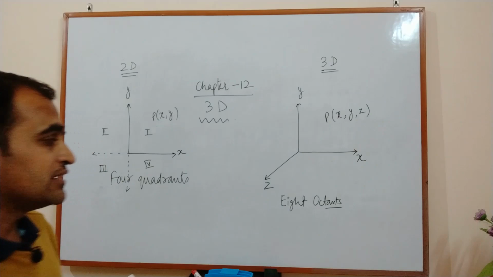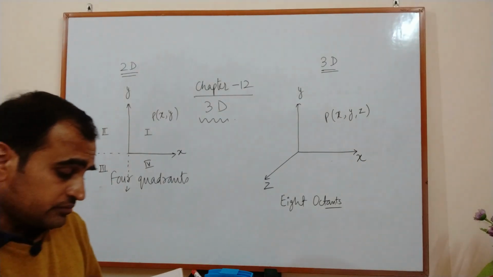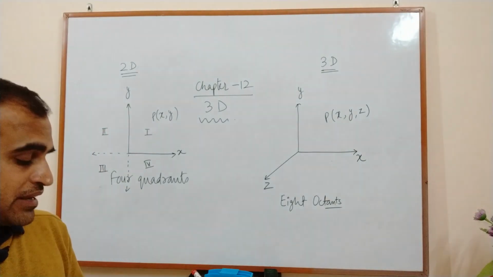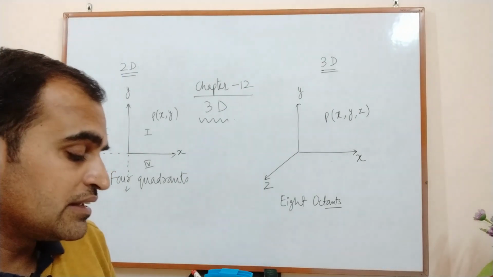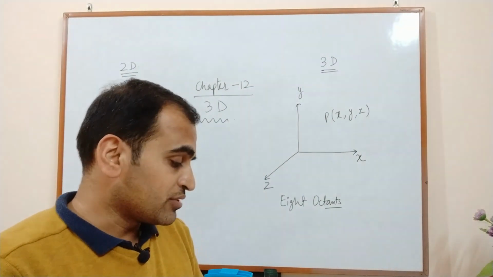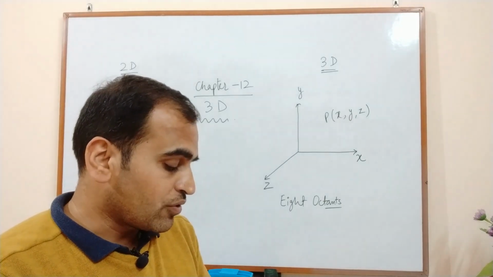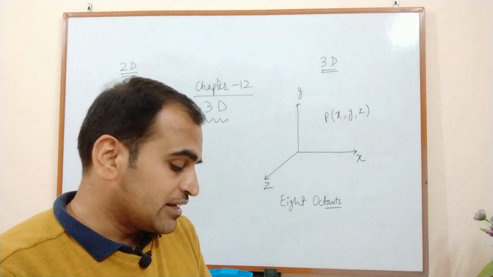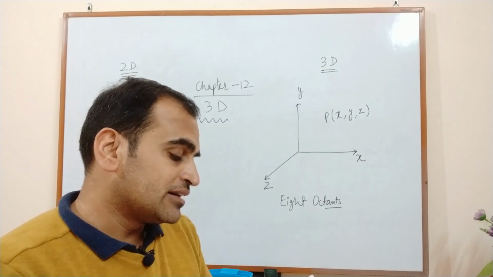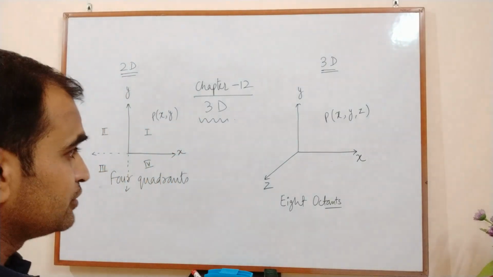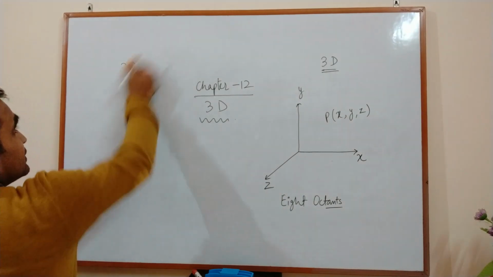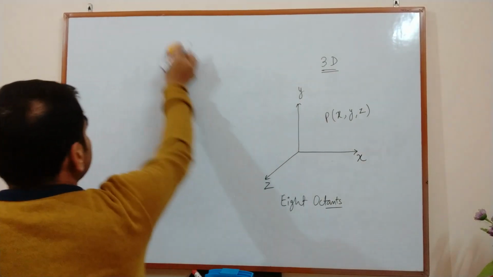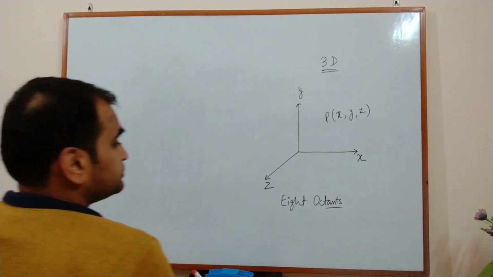Based on the sign values of any coordinate in 3D, we can check in which octant this point lies. Maybe in the first octant, maybe in the second, third, fourth, fifth, sixth, seventh or eighth.